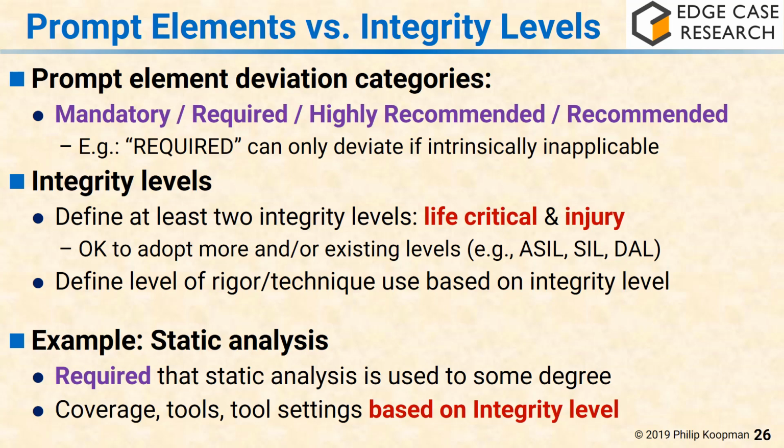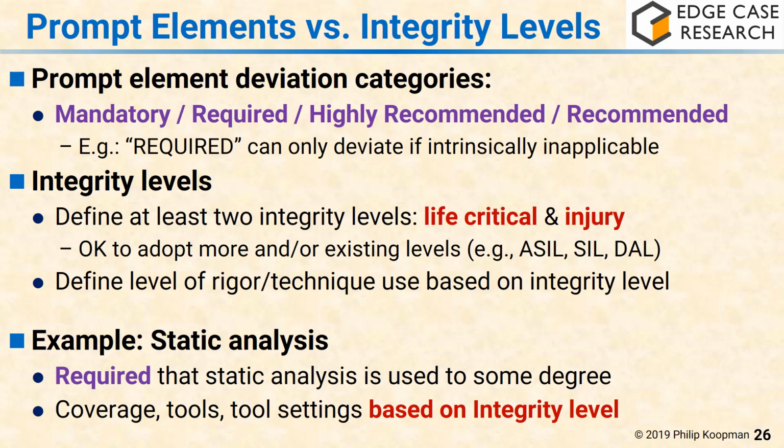Independent of that, you have an integrity level that you yourself design, and your integrity level has the option to say, okay, for static analysis, if I'm life critical, I'm going to use the following type of tool, and I'm going to use the following very aggressive, very pervasive warning structure. And for injury, I'm going to back it down a little bit, and for QM, I'm going to use basic static analysis, nothing more.